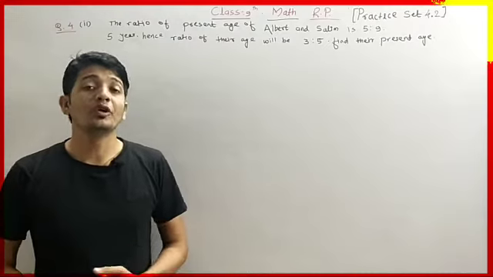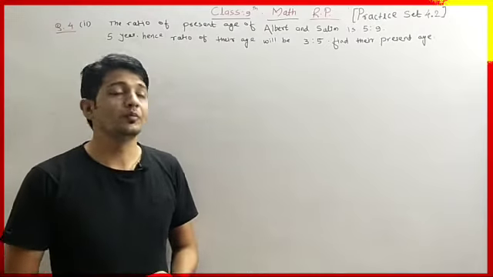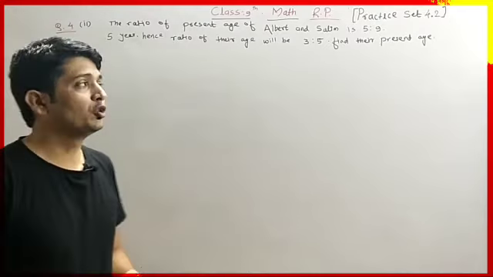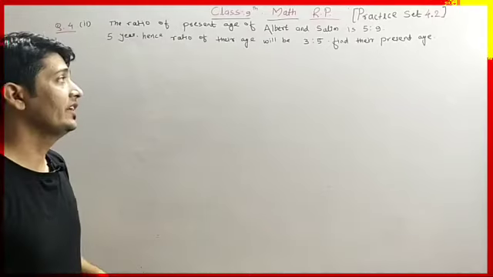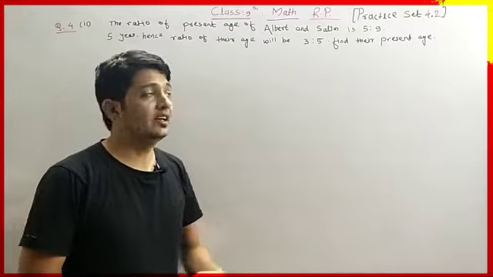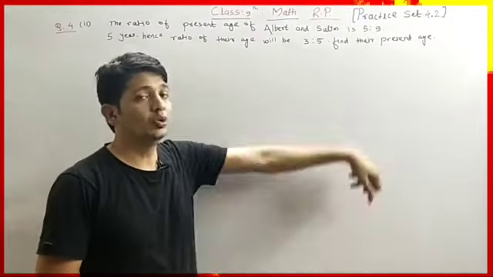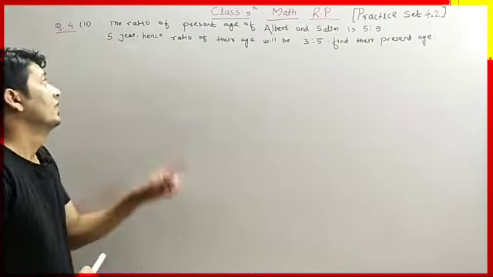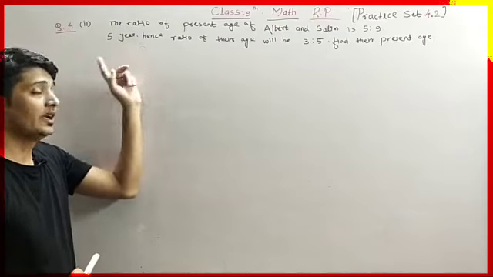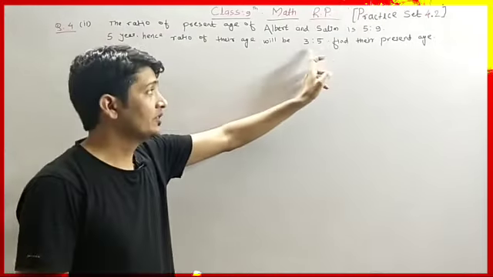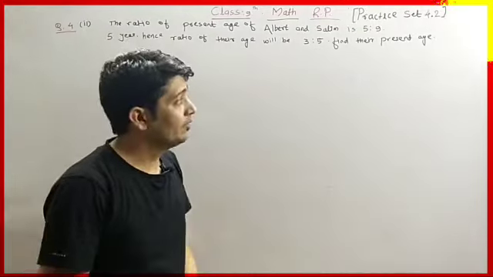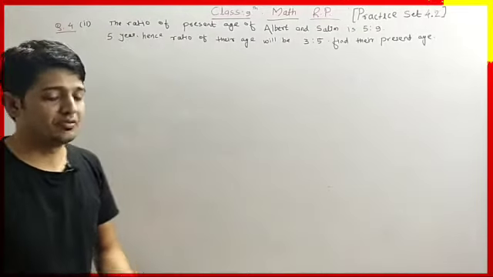Now we are going to solve the second sub-problem of the fourth problem. The question says the ratio of the present ages of Albert and Salim is 5:9. 5 years hence, that means after 5 years, the ratio of their ages will be 3:5. Then find their present ages.